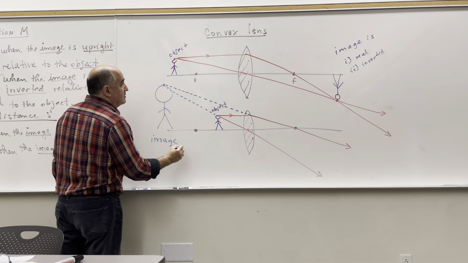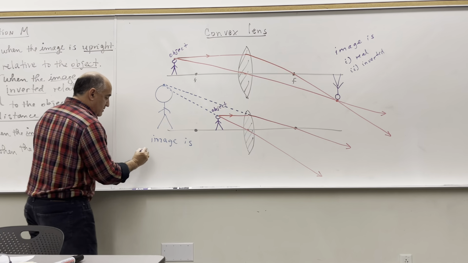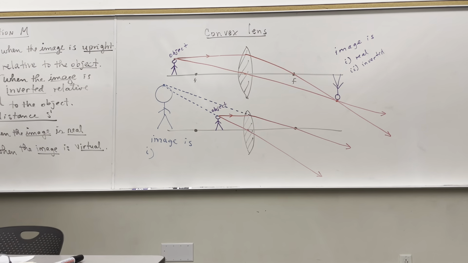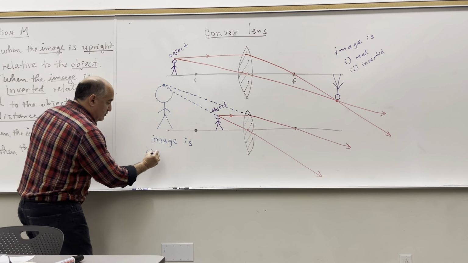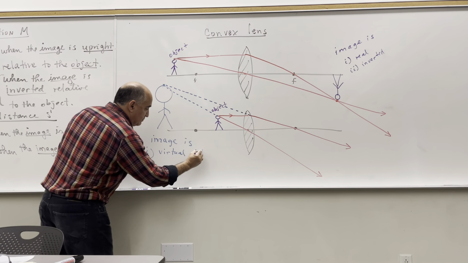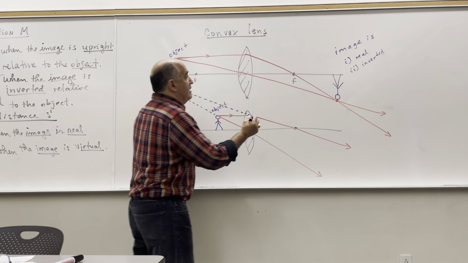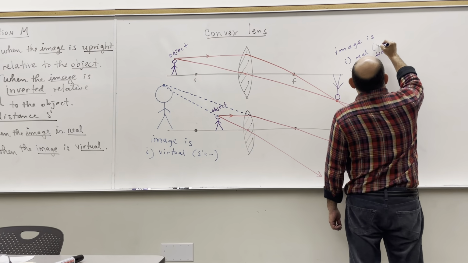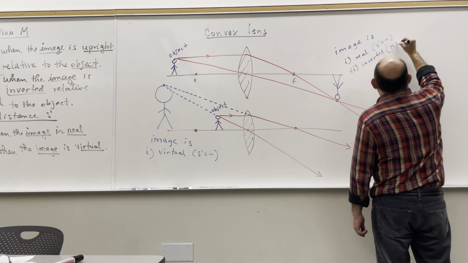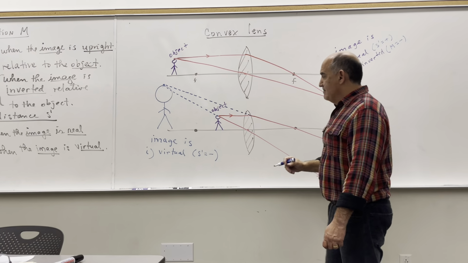And this image, is it real or is it virtual? It is virtual. And by the prime, that means that S prime is going to be negative, right? Over here, it was real, so that meant that S prime is going to be positive. And the fact that it is inverted, the magnification is going to be negative, right?